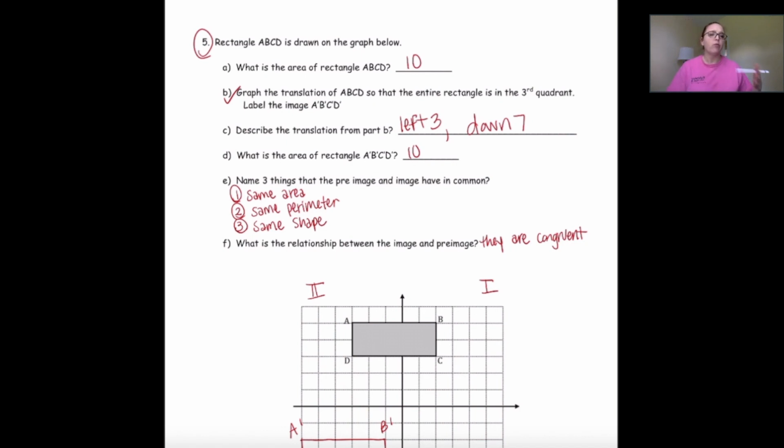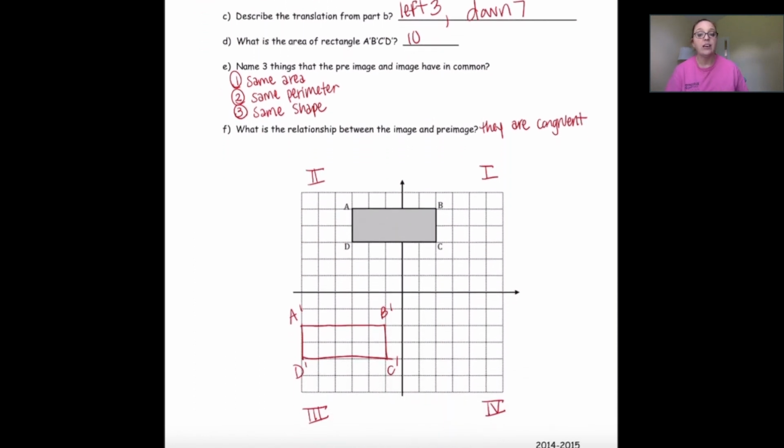There was a little bit of room for variation here when completing this. But first off, the area of the rectangle ABCD is 10. Now part B told you to translate ABCD so that the entire rectangle is in quadrant 3. And I have labeled the quadrants on my paper.